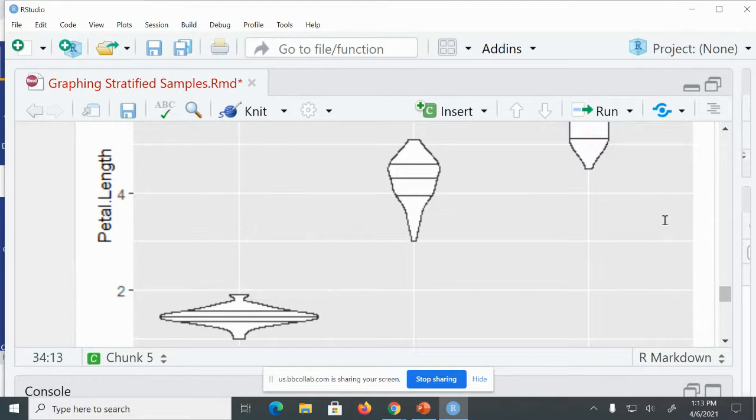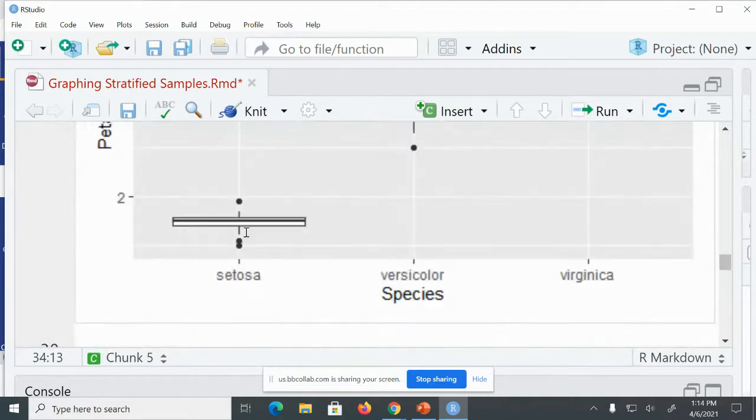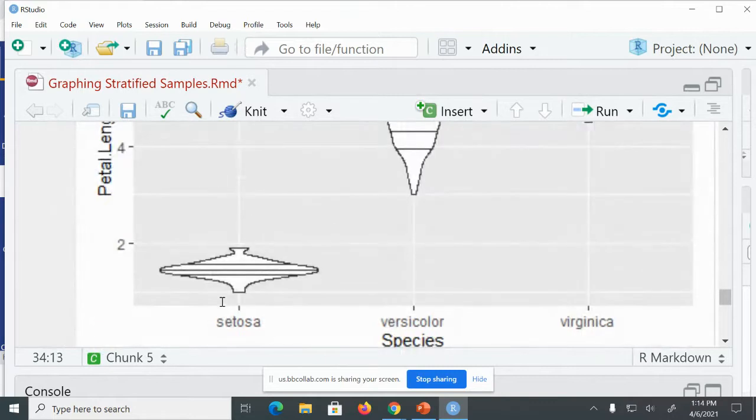So here's what a violin plot looks like. So again, like the box plot, it's a pretty simplified view of the data, but it is giving us a little more detail as far as how the data are distributed. So the violin plot is wider in areas where more of the data lives. So here we can see that for Setosa, in the box plot, we saw that it was pretty tightly clustered around the median.